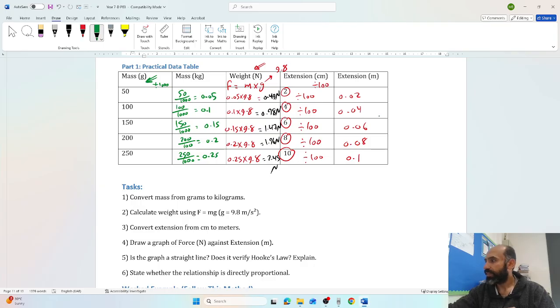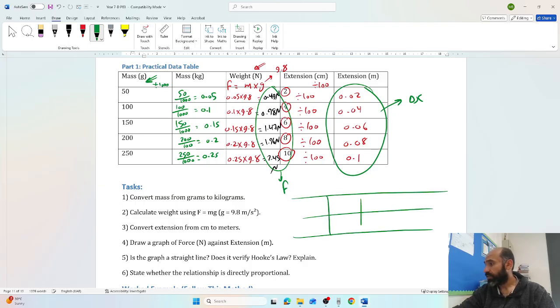So what we'll do right now, this is the extension which represents delta x, and this is the force which represents F. These are the two quantities that we need to represent the relation between. The force will be drawn on the y-axis, and the extension will be drawn on the x-axis.